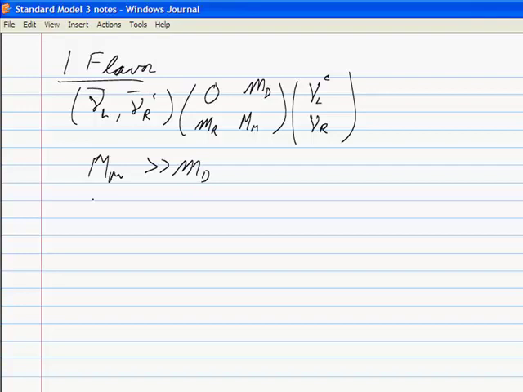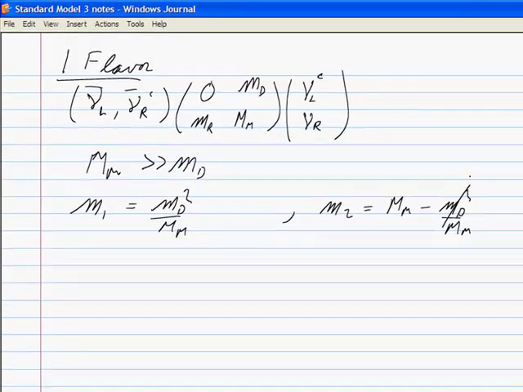If you do that, the eigenvalues are m1, which is then m Dirac squared over Majorana mass, and m2 is the Majorana mass minus, okay, so one drops that.